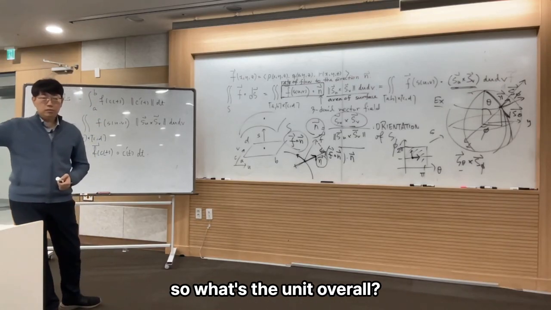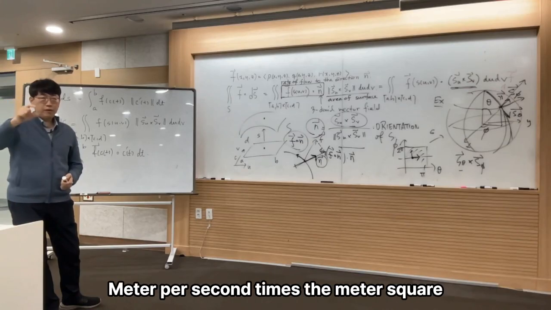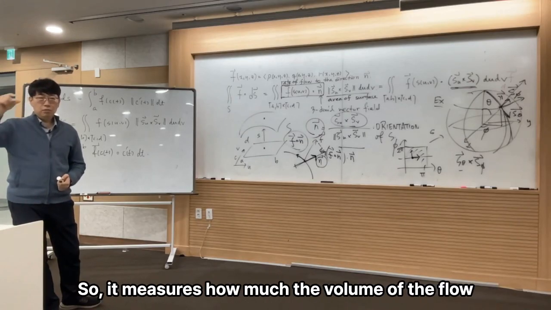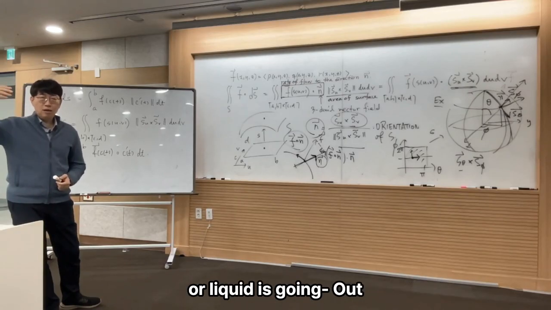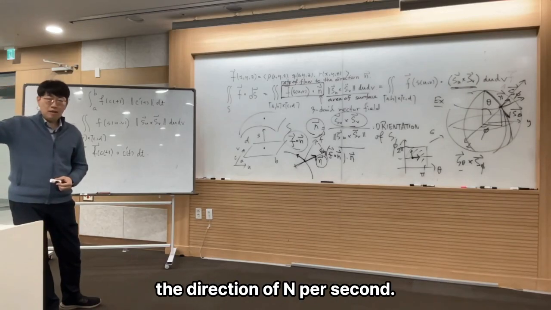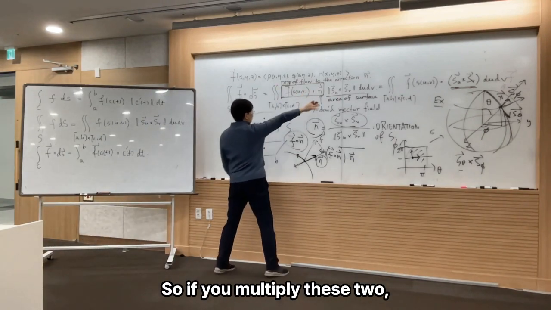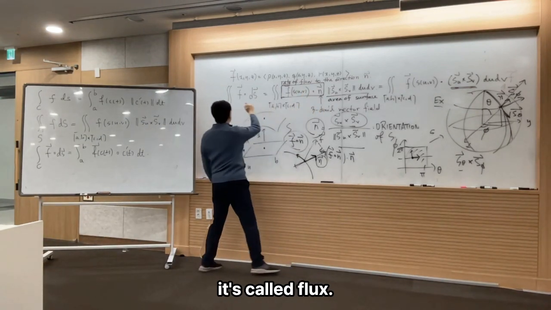So what's the unit overall? Meter per second times meter squared is meter cubed per second. So it measures how much volume of the flow or liquid is going out in the direction of n per second. It's called a flux. So if you multiply these two, it's called flux.